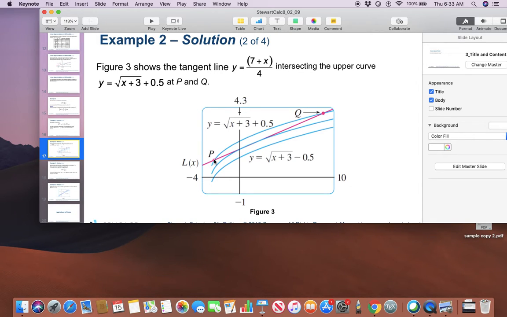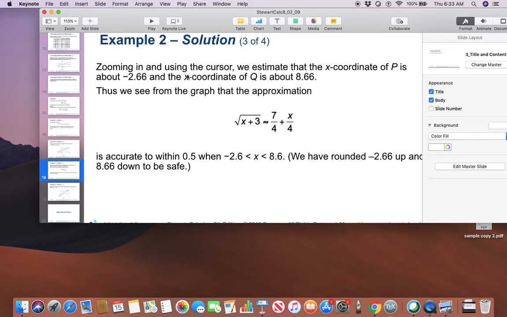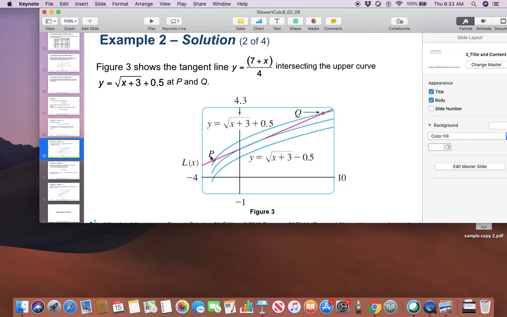So we want to stay between P and Q. In other words, you want to find the x coordinate for Q and the x coordinate for P. In that interval, the tangent line is within the acceptable margin of error.